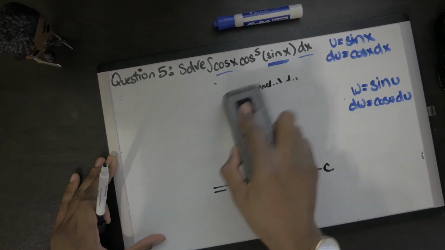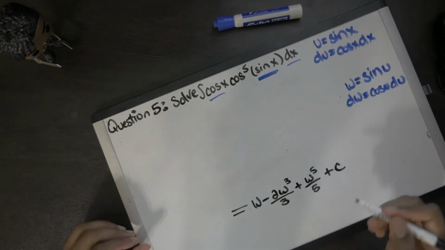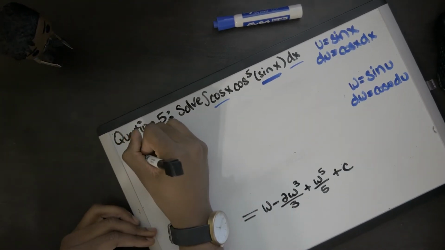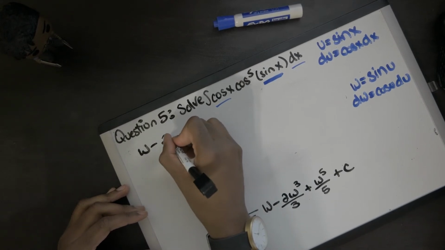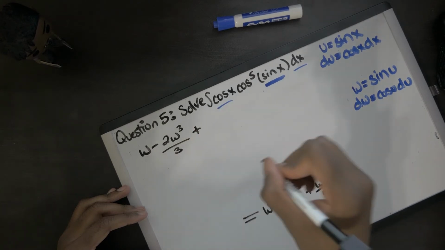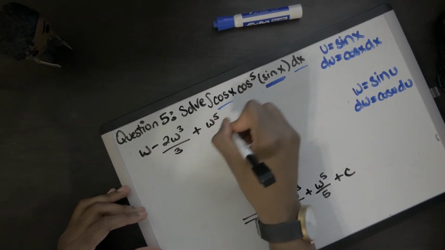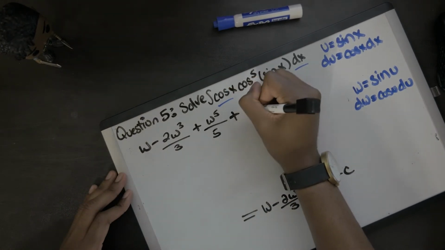If you mess up in one area, well, you better just count yourself out at that point. So we're going to rewrite this here just so we know what we're dealing with. We got w minus 2w to the 3rd over 3 plus w to the 5th over 5. Oh, and plus c. Look at me.